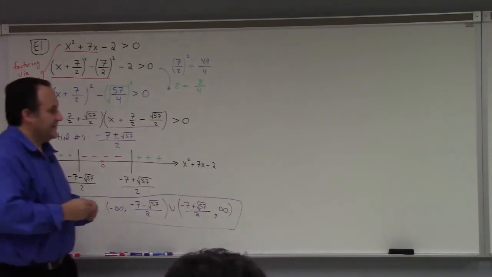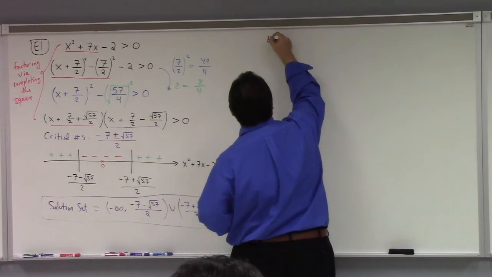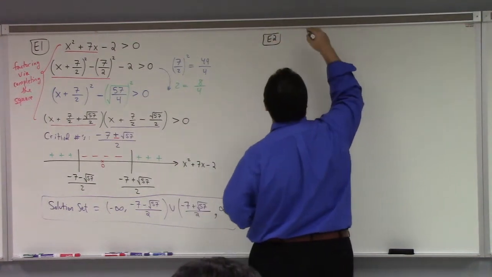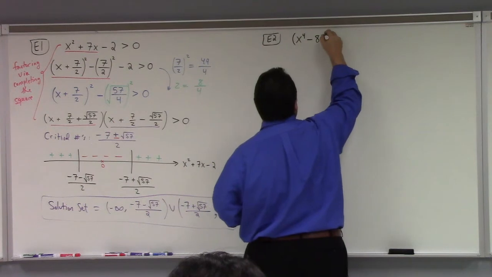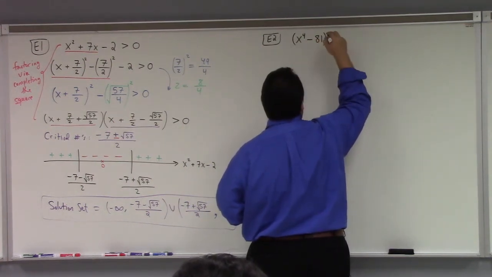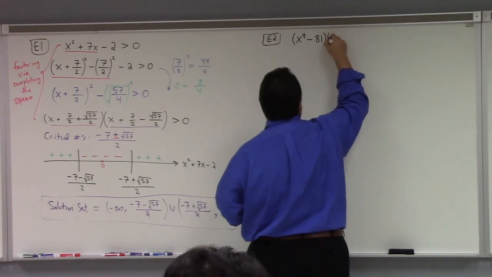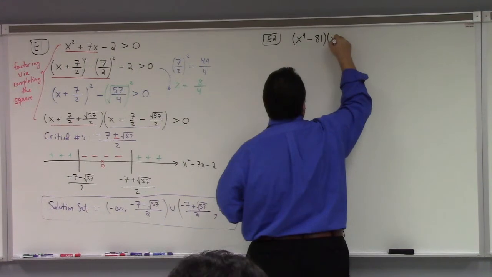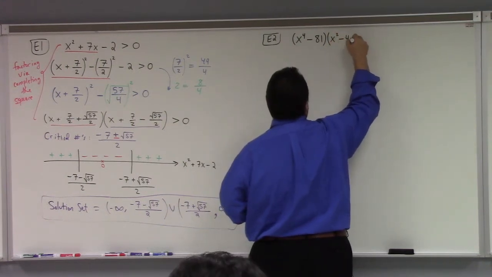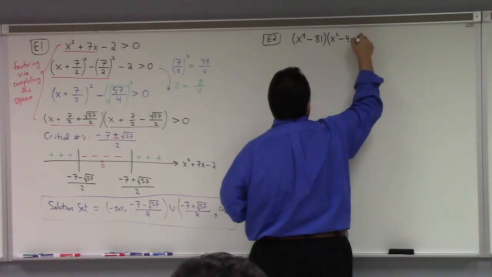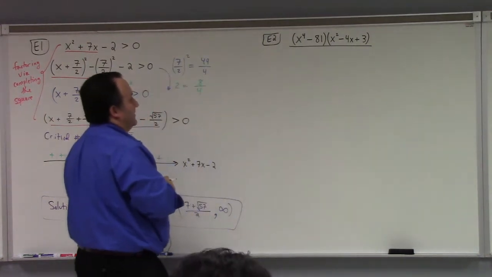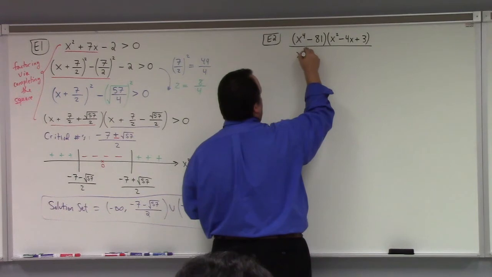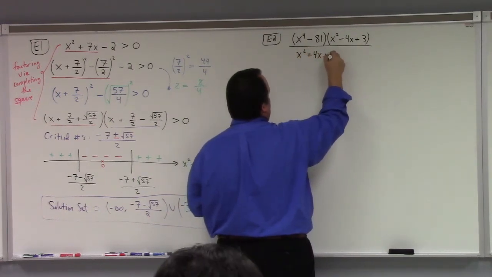Here, let's look at an uglier example. All right, so let's suppose we had x to the 4th minus 81, and then we'll do, let's say, x squared minus 4x plus 3, divided by, let's see here, how about x squared plus 4x plus 5.